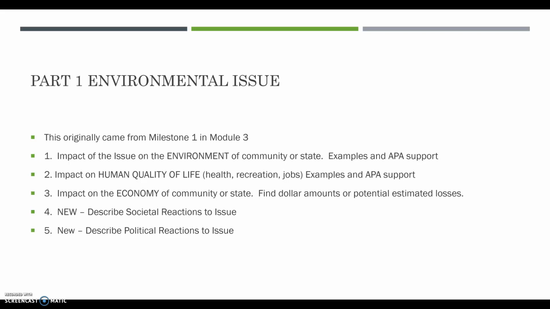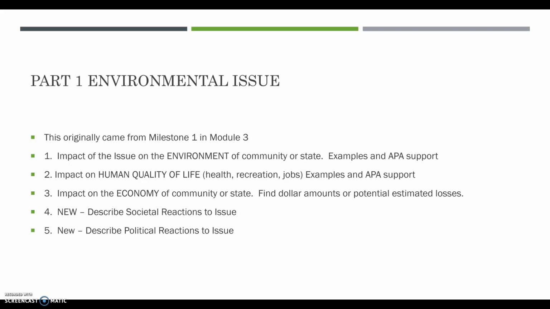If this issue is causing a decline in animals that we eat, or food that we harvest, then how much are those losses adding up to? So that's why I said some kind of dollar amount needs to be found, because anytime there's an environmental issue, there's some kind of economic cost to it.